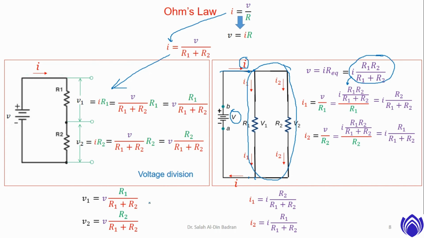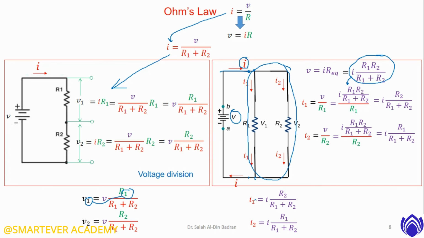Be careful when you want to memorize these four equations. In series, it is the total voltage multiplied by the resistor that you want to find the voltage across.